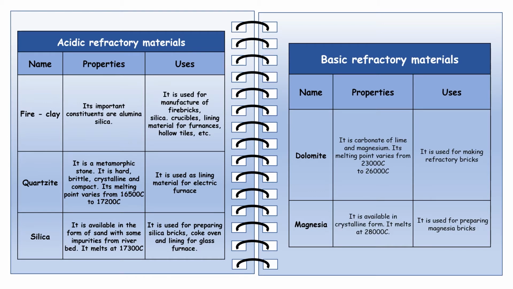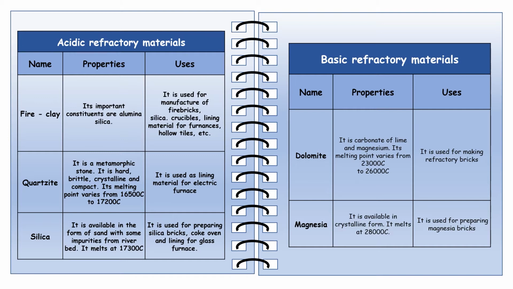Name: silica. It is available in the form of sand with some impurities from riverbed. It melts at 1730 degrees Celsius. It is used for preparing silica bricks, coke oven and lining for glass furnace. Basic refractory materials. Name: Dolomite.